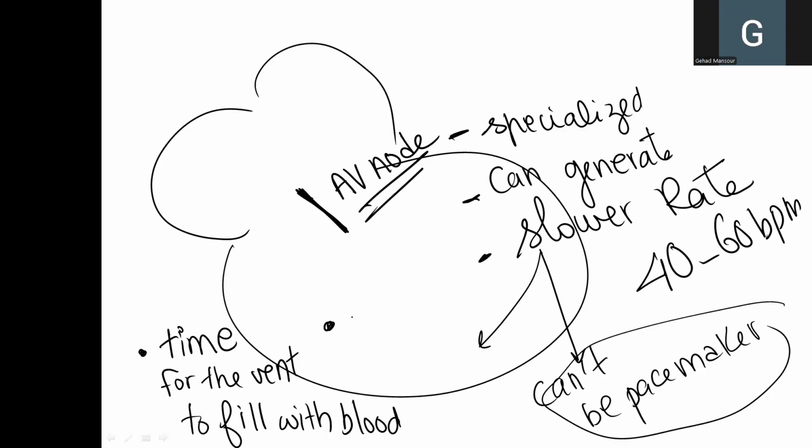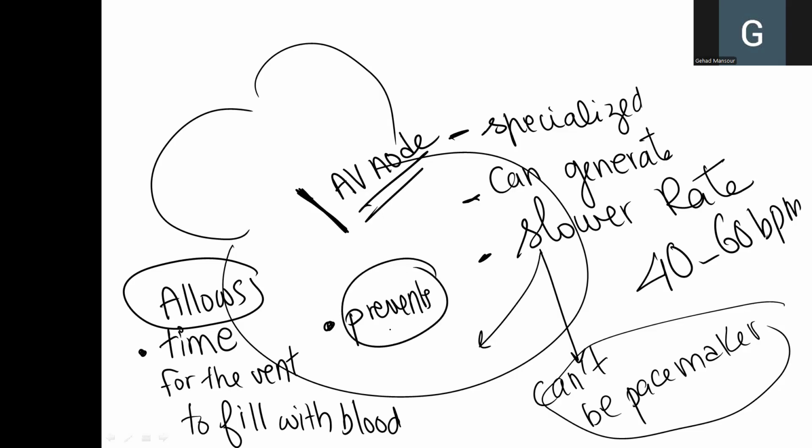And number two, it prevents simultaneous contractions of atria and ventricles. Of course, if there is simultaneous contraction of atria and ventricles, it would be a great problem because there would be turbulent flow and there would be inefficient pumping of blood by the ventricles.